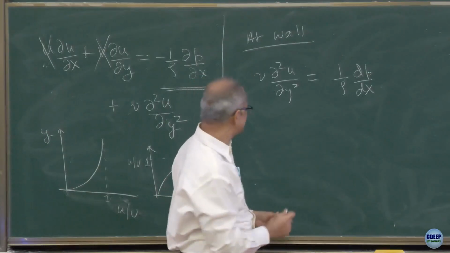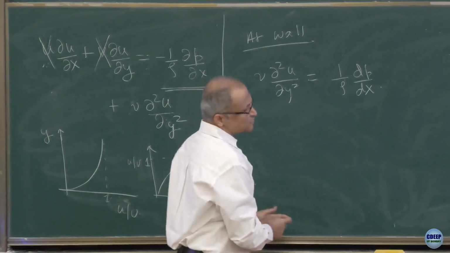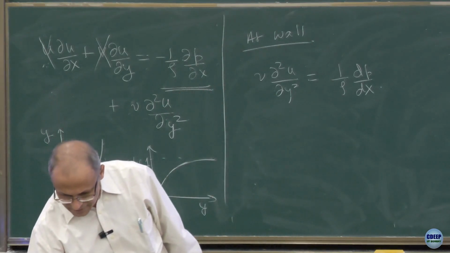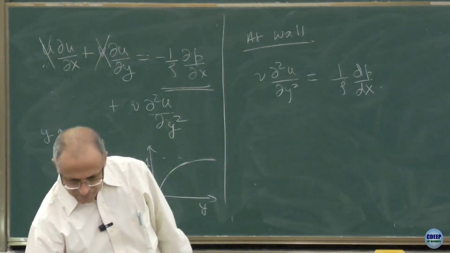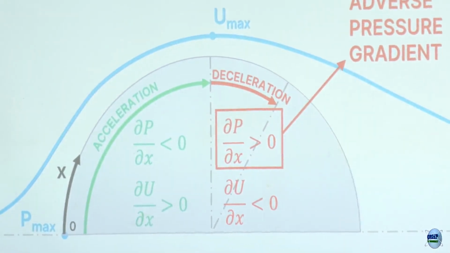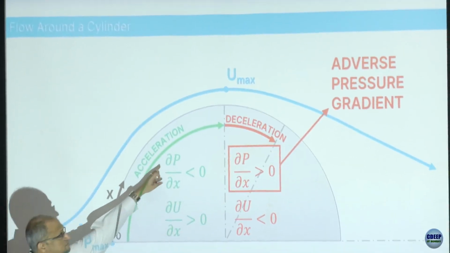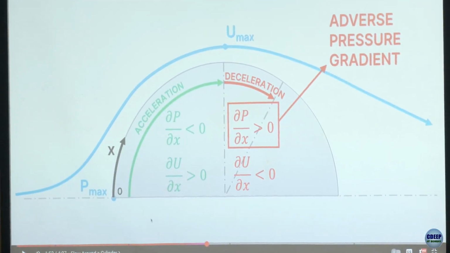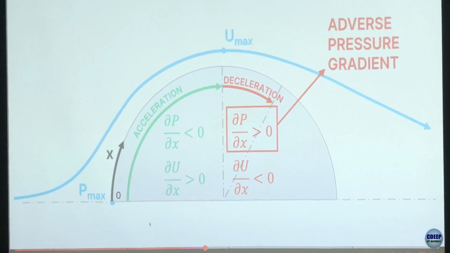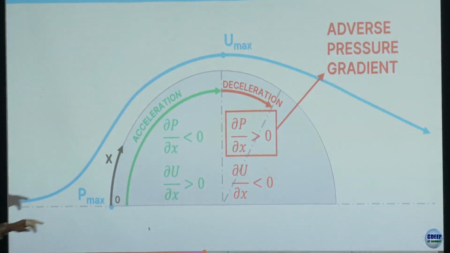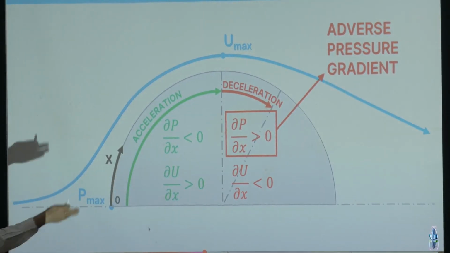So we can go back to the previous slide and see what was happening here. You can see that in the accelerating part, ∂p/∂x was negative, so this was negative, and this was also negative, so there were no issues. But now what has to happen when ∂p/∂x is greater than 0 on the right side?